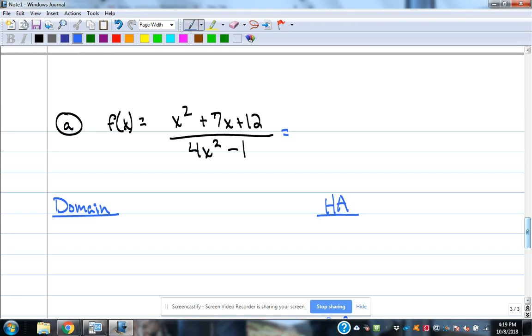So to find that domain, we're going to set 4x squared minus 1 equal to 0. When you're trying to find the domain, it is usually helpful to solve that by factoring if possible, because it's going to help you when you go to simplify.